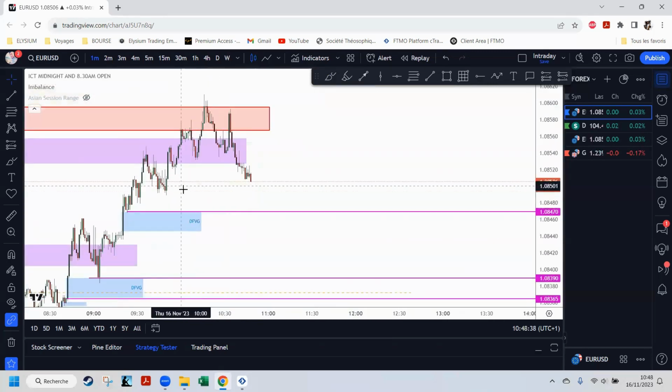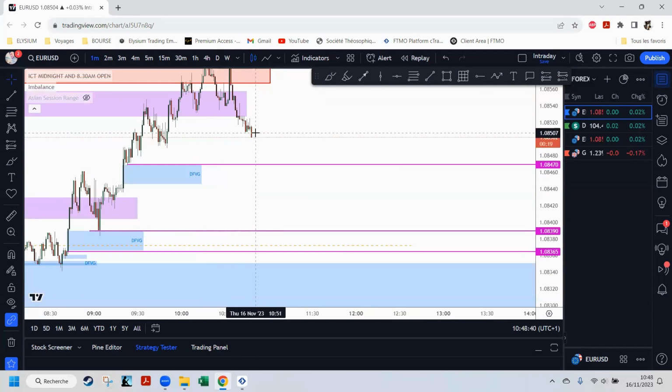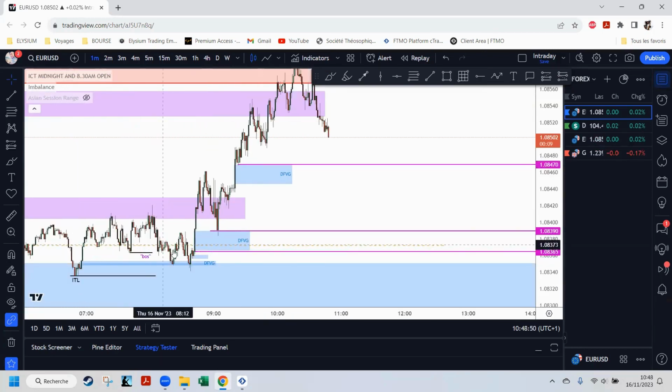And of course, it's not an ideal money management strategy if you are entering late. It's good if you enter early because, of course, you risk much less. So you can take some stop losses.